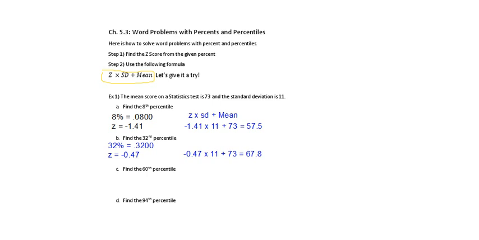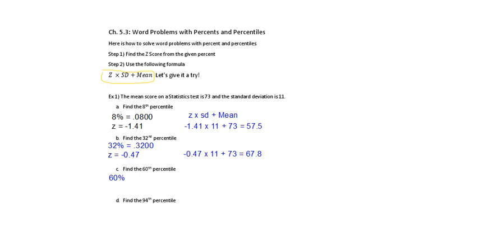All right, next up is finding the 60th percentile. The 60th percentile is equal to 0.6000.